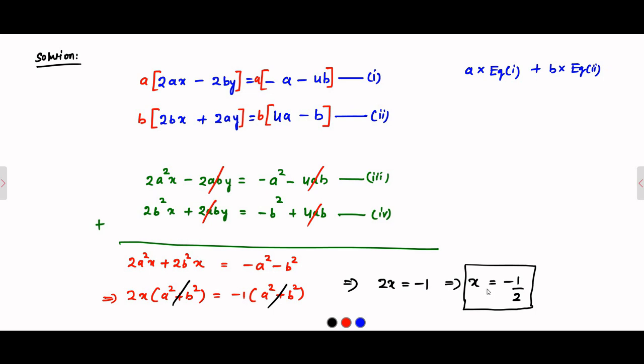Now if we put this value in equation 1, that is, equation 1 is 2ax minus 2by is equal to minus a minus 4b. So if we put x is equal to minus 1 by 2 here, we will have 2a into minus 1 by 2 minus 2by is equal to minus a minus 4b.